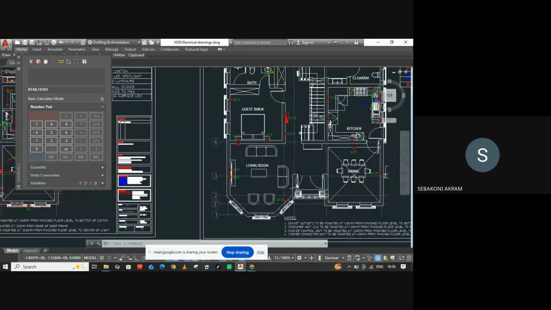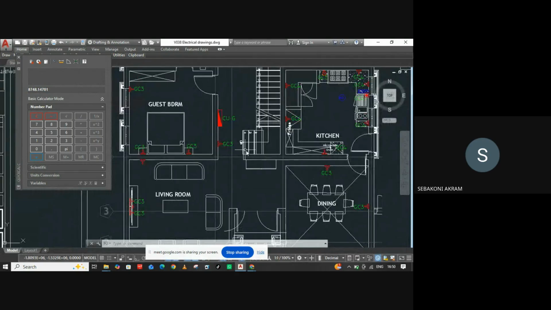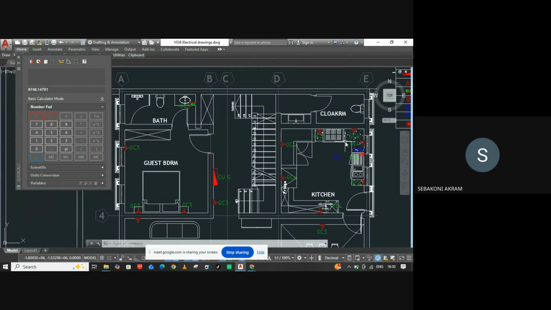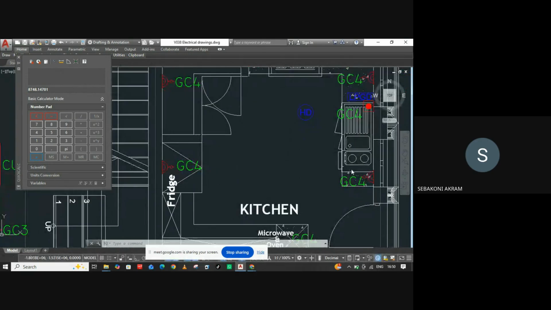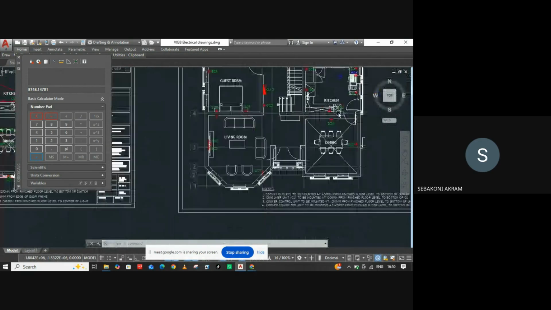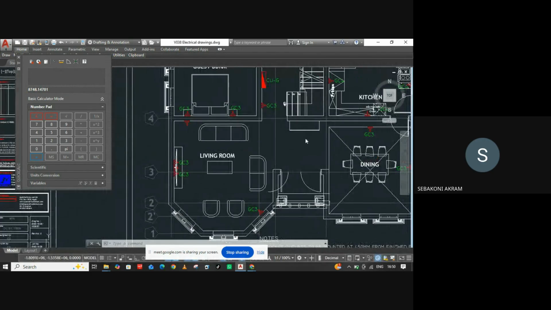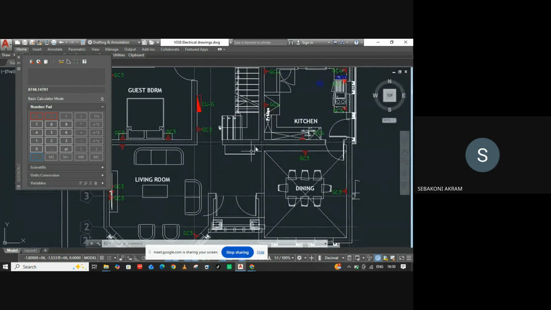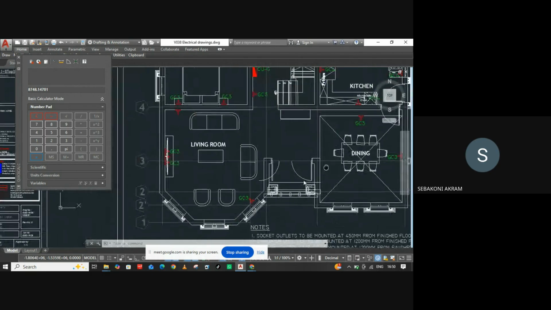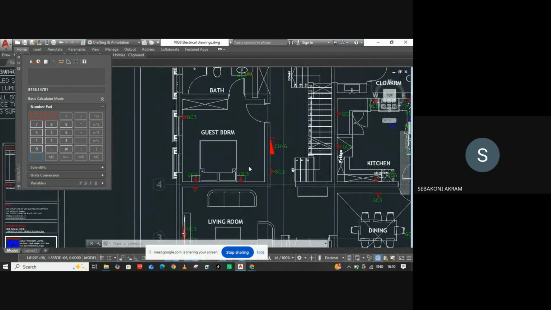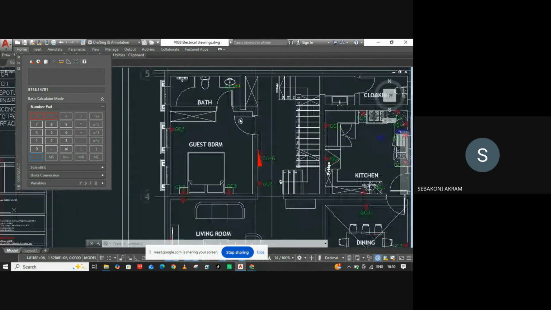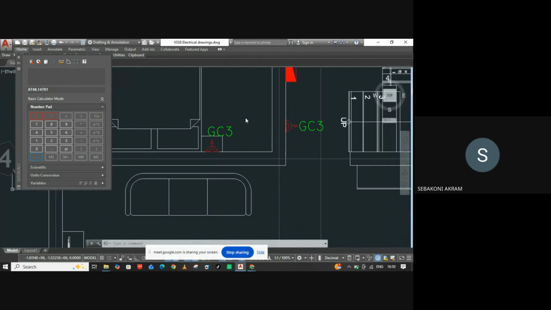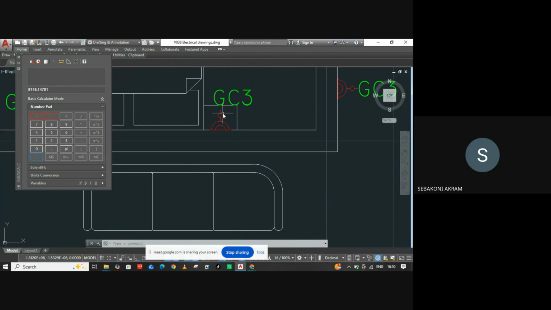If we come to the ground floor, we have two circuits. We have about 3 circuits here. So we're seeing G3. Why? We are seeing G3 supplying all over up to this side, because the appliances put here, you're going to just put a charger which is about at most 30 watts.